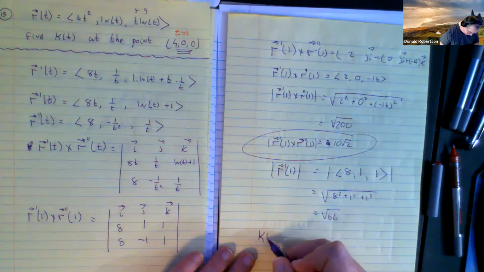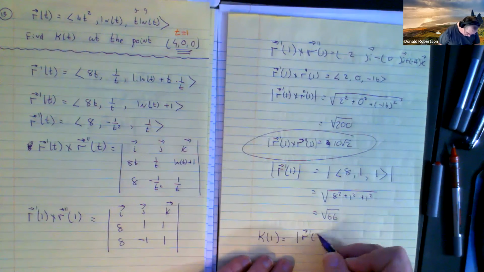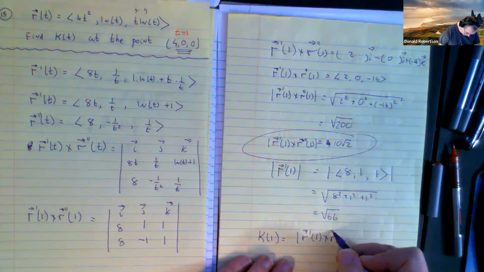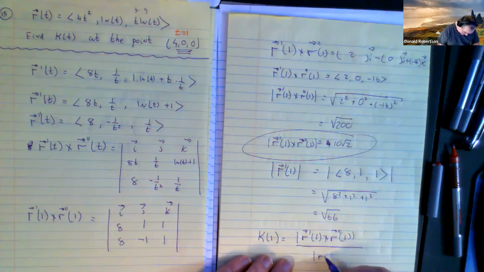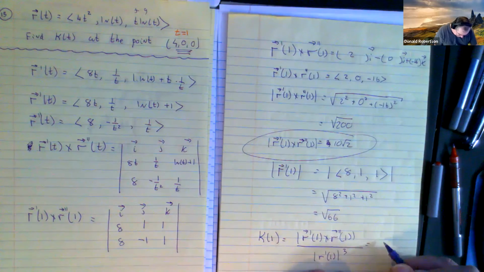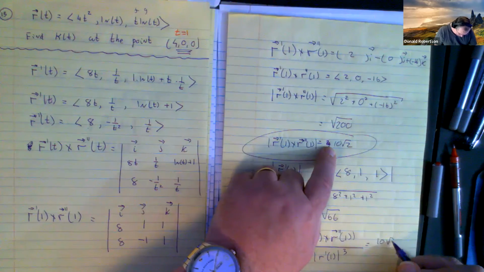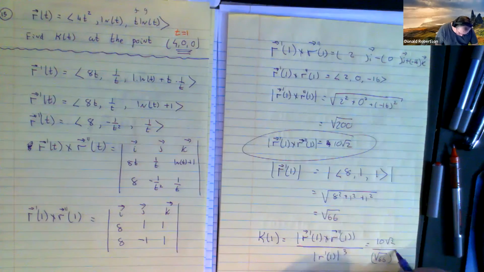So the curvature at 1 is the magnitude of the cross product divided by the magnitude of the first derivative cubed. So in this case, it's 10 root 2 over the square root of 66 cubed.